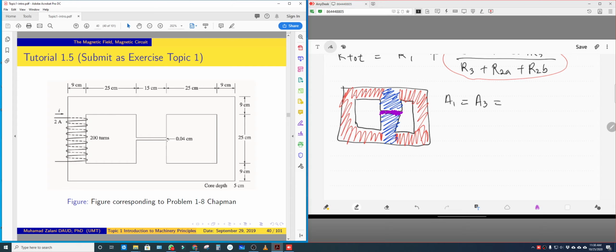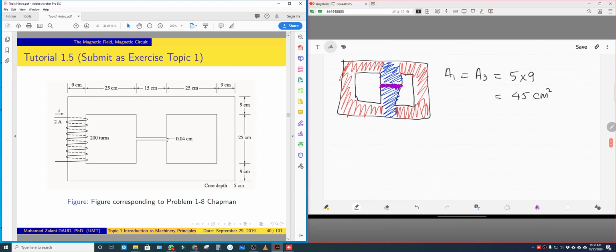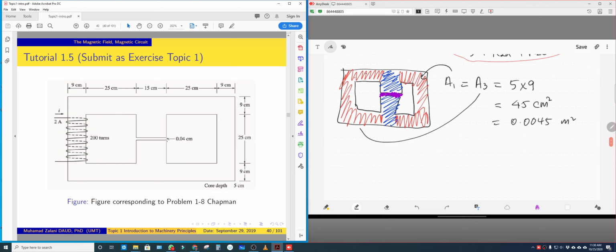So, cross-sectional itu 5 kedalaman dia, 9 dia punya lebar kan. So, 5 darab 9, 45 cm square. So, in meter square, 0.0045 meter square. Itu untuk bahagian yang merah. Okay.